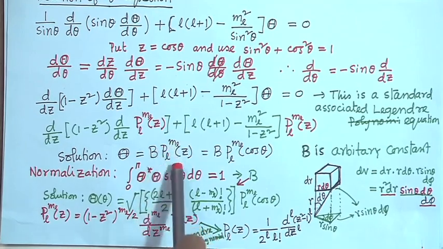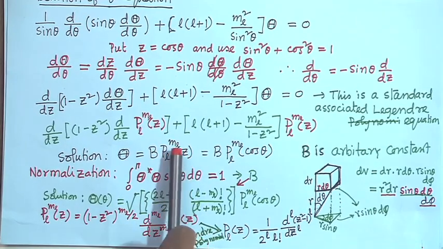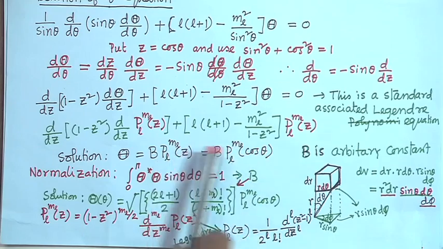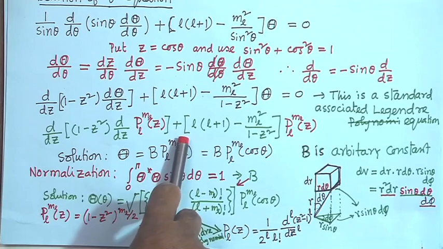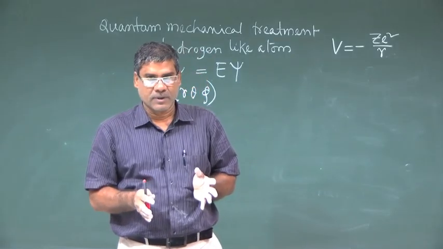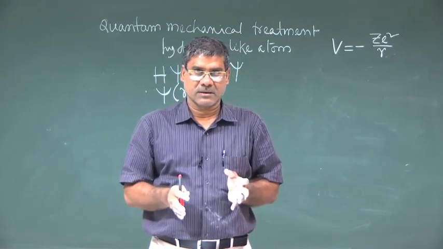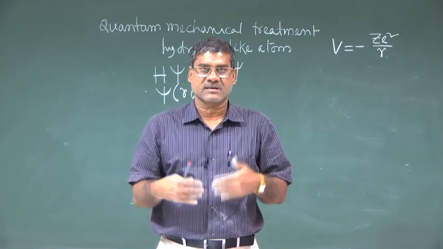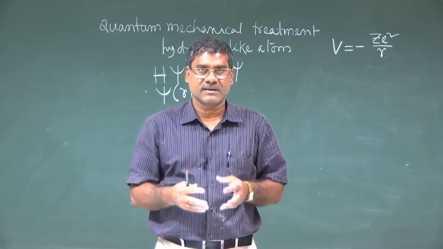From this normalization one can find out, as you know, that this phi is not in simple form; it has Legendre polynomial. Associated Legendre polynomials, for different values of L and ML, one can get the expression from tables, the form of the function, and one has to use that. The calculations are lengthy, so we are not going to do that, because we are interested in discussing the physics.